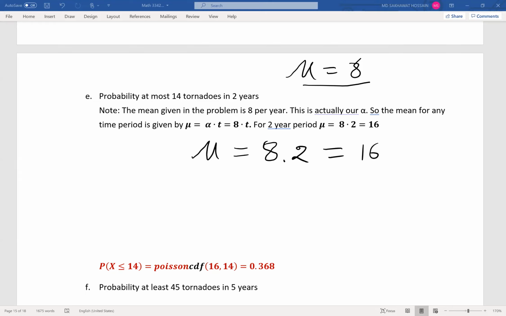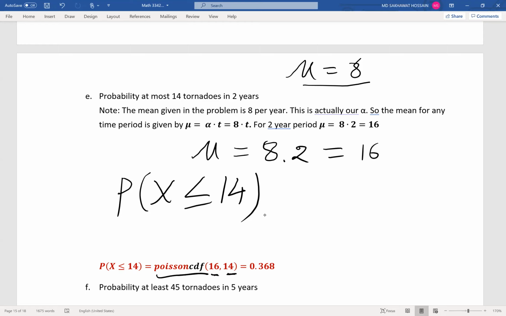So here the mu is 16, and we want to find the probability that x is at most 14, so x less than or equal to 14. You have to use Poisson CDF, with mu 16 and x 14. You can use either the calculator, or if you want to use a spreadsheet, you can go here.